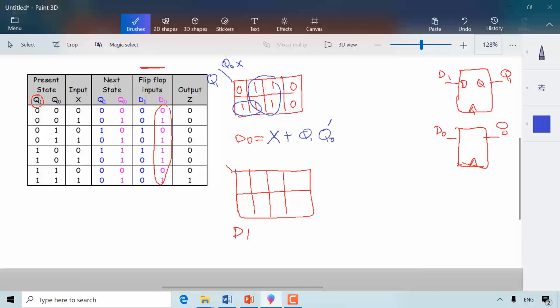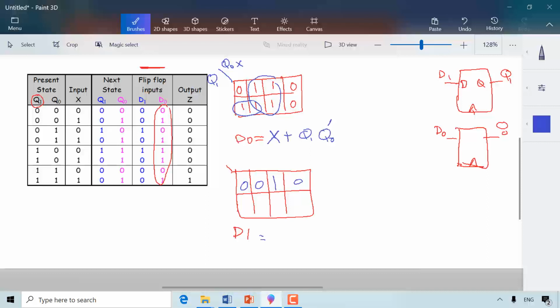And for D1, it is 0 0 0 1. Wait a minute.